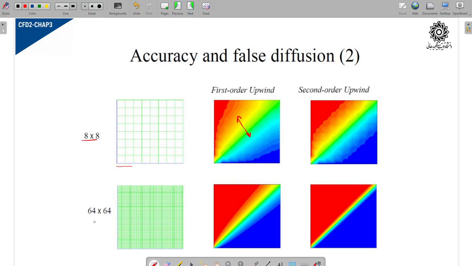With increasing the grid number, or using the second order upwind, the accuracy increases and the false diffusion decreases in CFD.